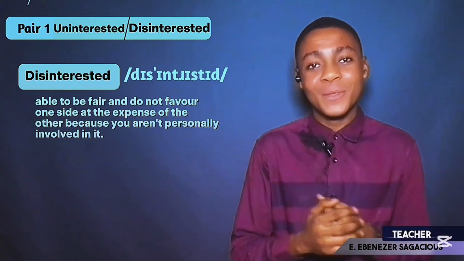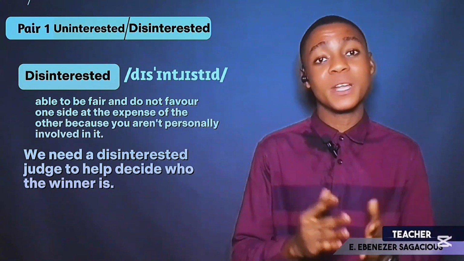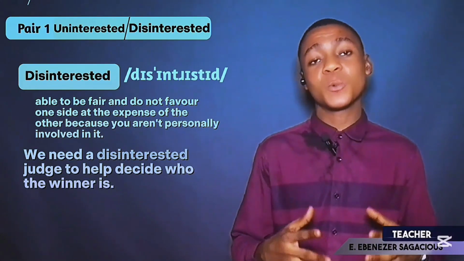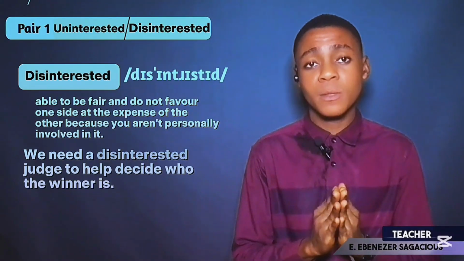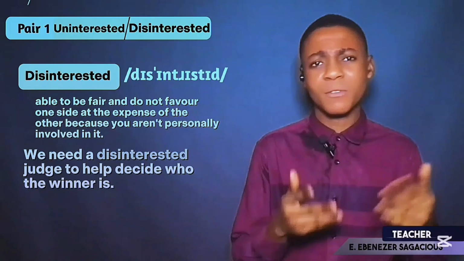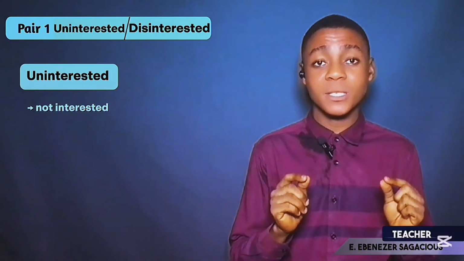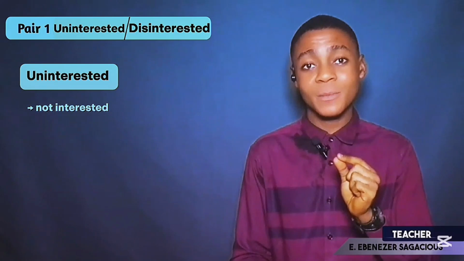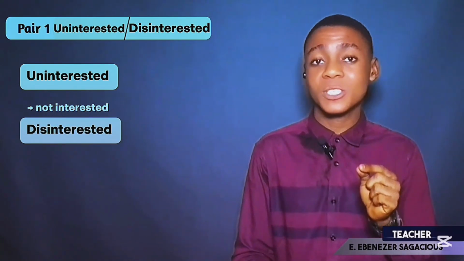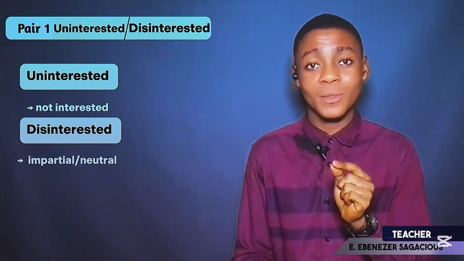For example, we need a disinterested judge to help decide who the winner is. We're simply saying that we need a judge who is impartial, a judge who is fair in judgment, a judge who doesn't belong to any of the parties. So to recap, uninterested means not interested, while disinterested means impartial or neutral.